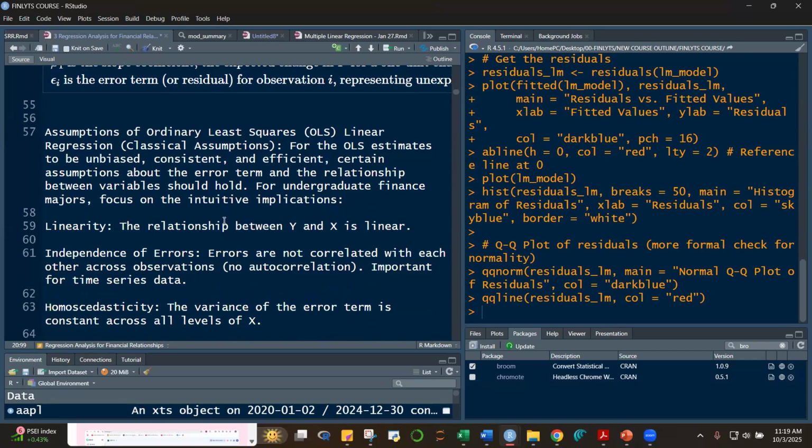We said that there are assumptions as far as linear regression is concerned. Linearity: your y and x should be linear in relationship.